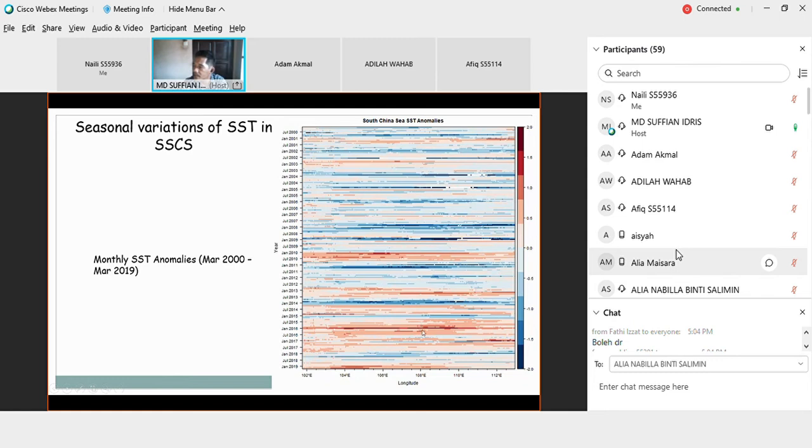This one is January 2011, a La Nina event, also January 2008. So from here you can relate to events that occurred that impacted SST. So this is a Hovmöller diagram. From satellite data, you can develop or carry out analysis to see its variation.